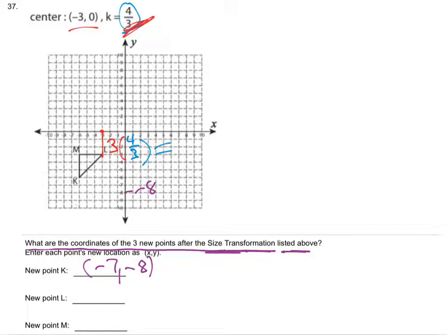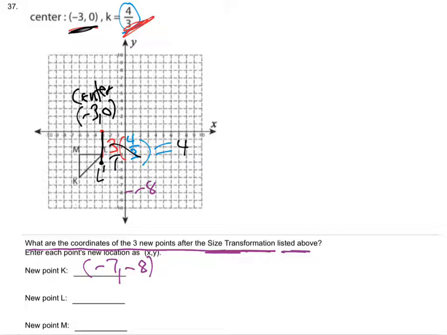So how do we simplify that? Remember, the 3 is over 1, whole numbers over 1, cross cancel, 4. So instead of going down 3, now we'll go down 4. So 1, 2, 3, 4. There's the new L prime. You start from the same center, the back 3, up 0 center, but now instead of going down 3, you go down 4, because we're multiplying all the movements by 4/3.